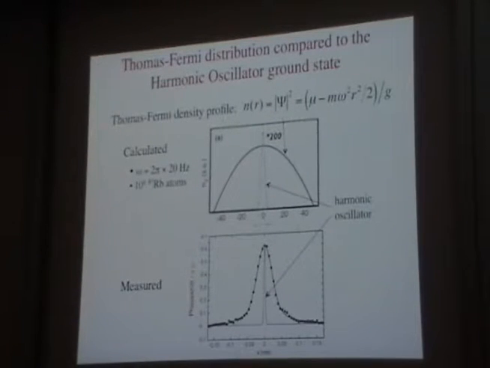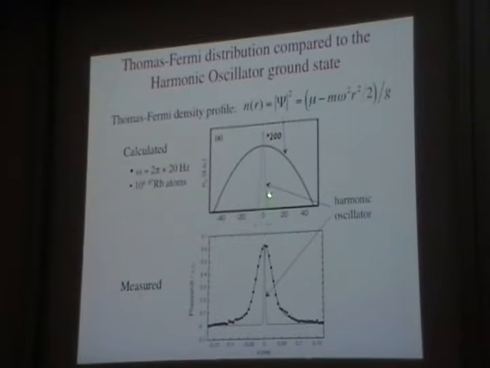Here's an example for a typical atom that people use in Bose-Einstein condensates. If I consider 1,000,000 atoms in my Bose-Einstein condensate of rubidium, and I know the S-wave scattering length for the system, if I put that in a harmonic trap at a 20 hertz frequency, then this is the type of distribution you're going to get based on the Thomas-Fermi approximation. So it's an inverted parabola.